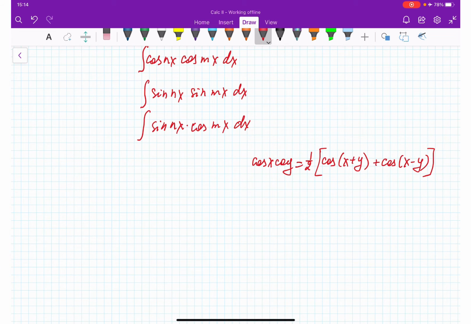Next, sine x sine y is equal to 1/2 cosine (x minus y) minus cosine (x plus y).